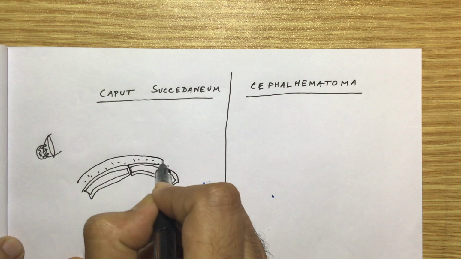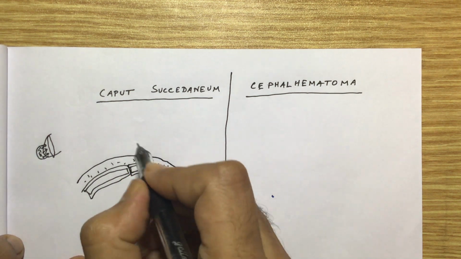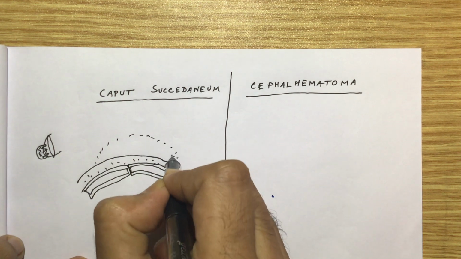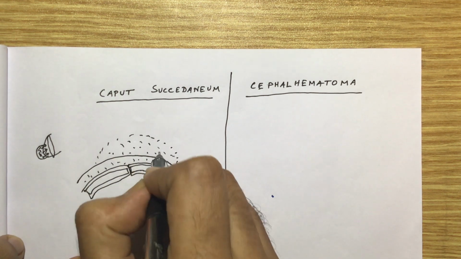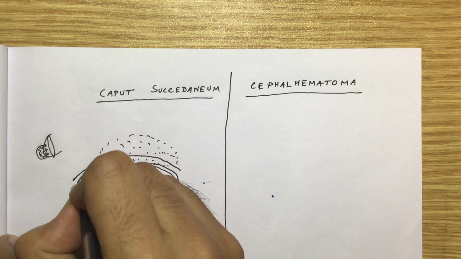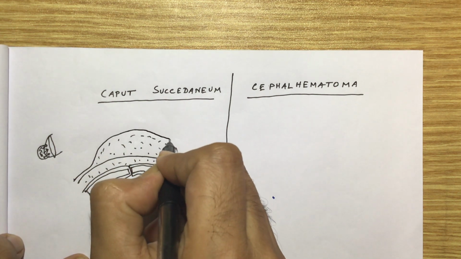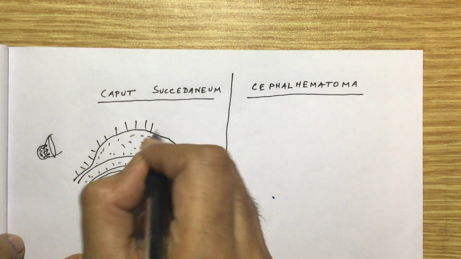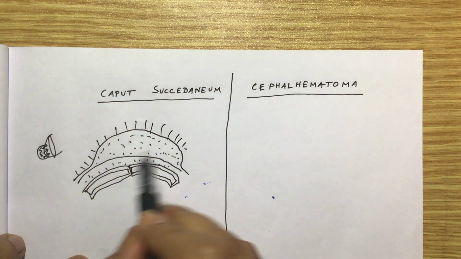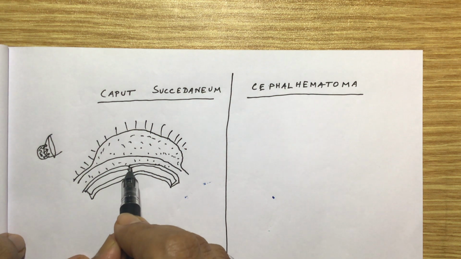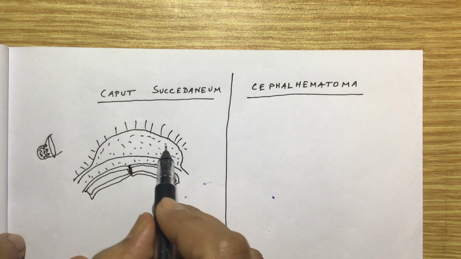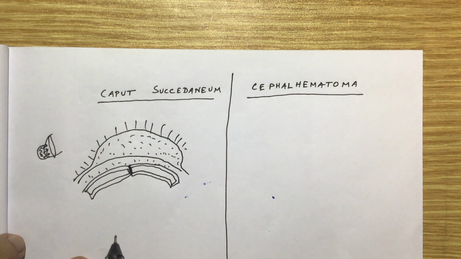Then there is the third layer, and here is the second layer, and the swelling is in the second layer, and here lies the first layer. These are the hairs. See, this swelling is not following this suture line, because it is in a more superficial layer than this.